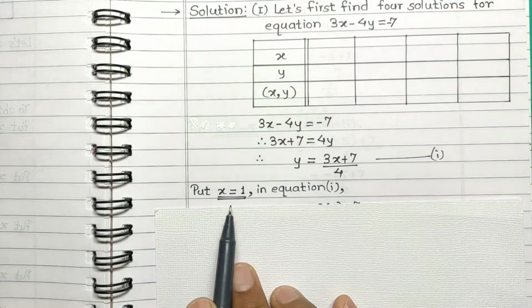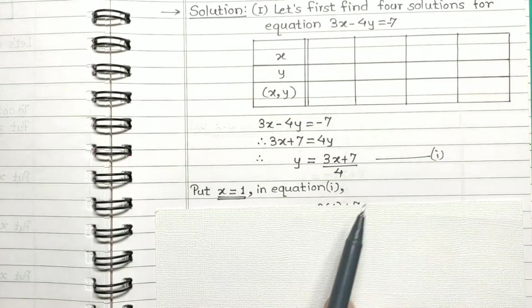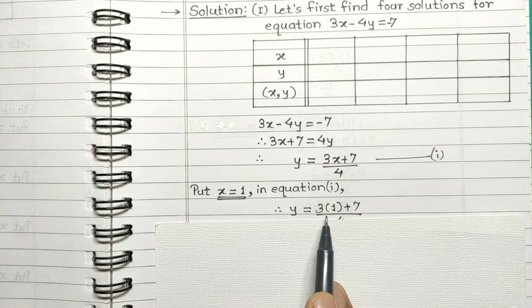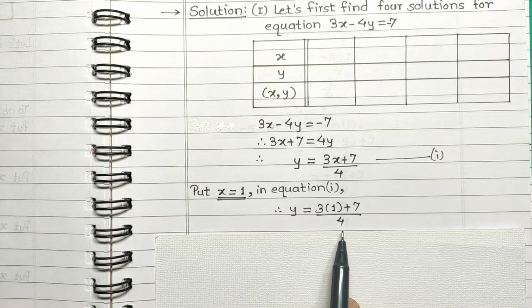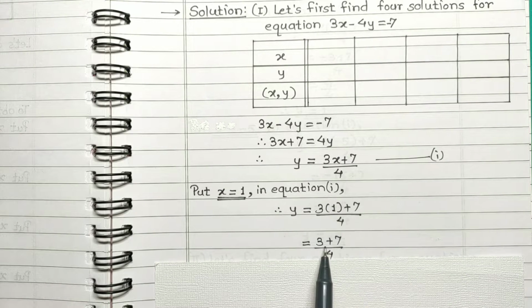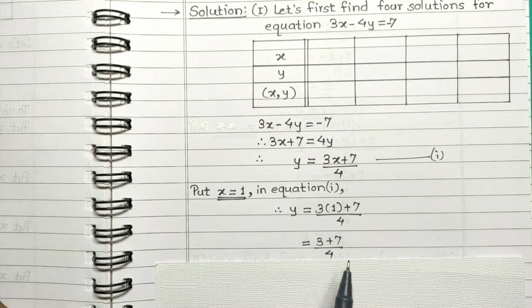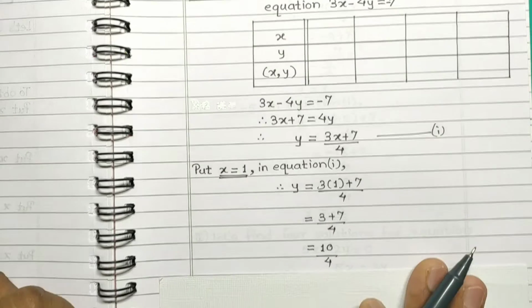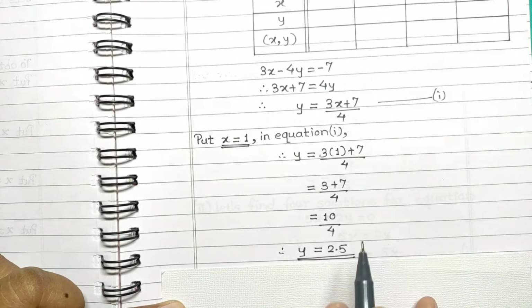So let's put x is equal to 1 in equation 1. So this will give y is equal to (3 into 1 plus 7) upon 4. So 3 into 1 is 3, plus 7, upon 4, and therefore it is 10 by 4 and this calculation is 2.5.